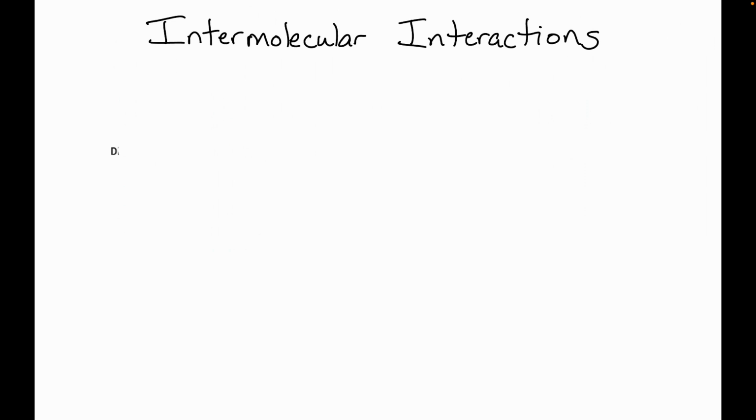Intermolecular interactions means the interactions between neighboring molecules, right? So we have this solution that has 10 to the 23 different molecules floating around. What are the interactions between neighboring molecules? So that's what we mean by intermolecular.